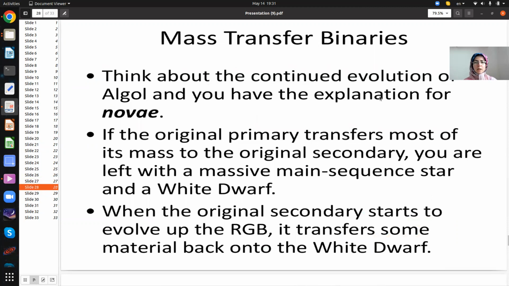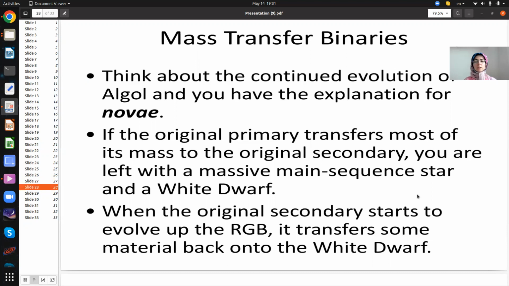Mass transfer binaries. Think about the continued evolution of Algol, and you have the explanation for nova. If the original primary transfers most of its mass to the original secondary, you are left with a massive main sequence star and a white dwarf.